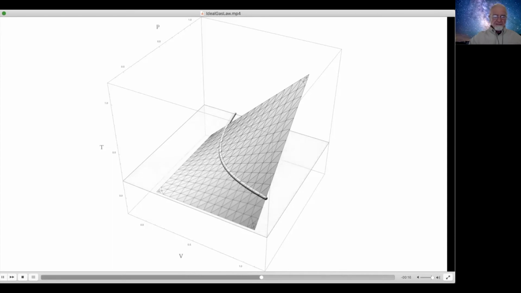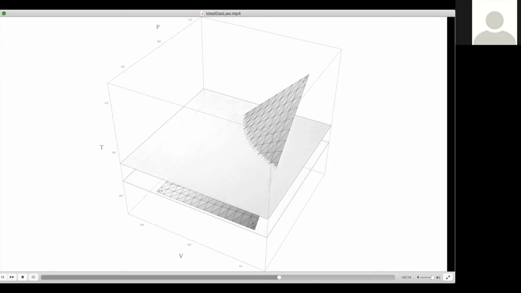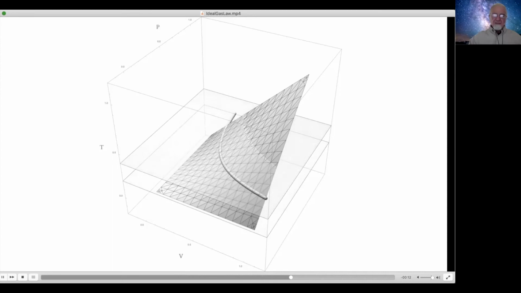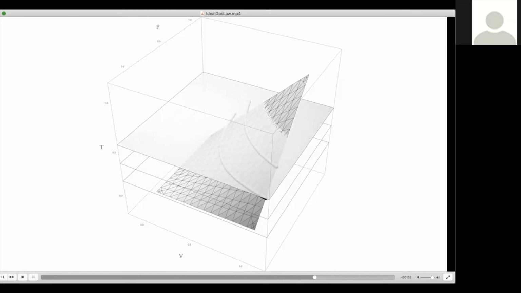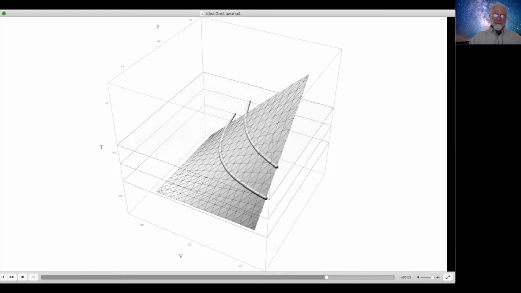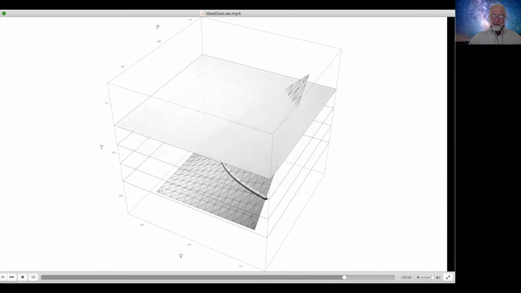And then you can start another constant pressure plane, and that will also create a line where the intersection was, and you start another plane going through, and you get another line in the space there, and then the last one that I'm repeating again.